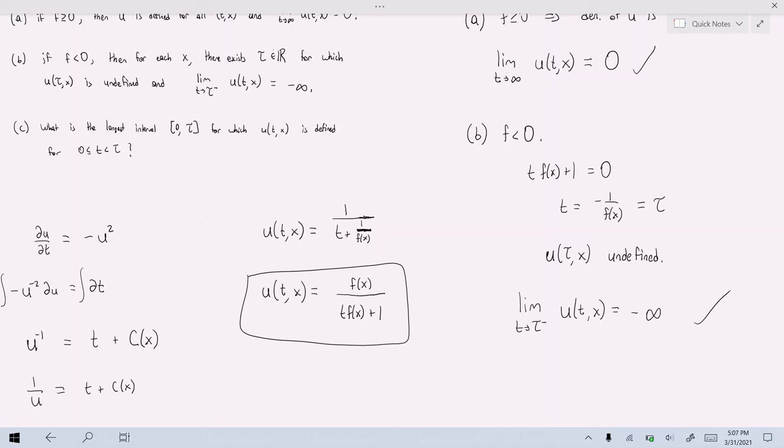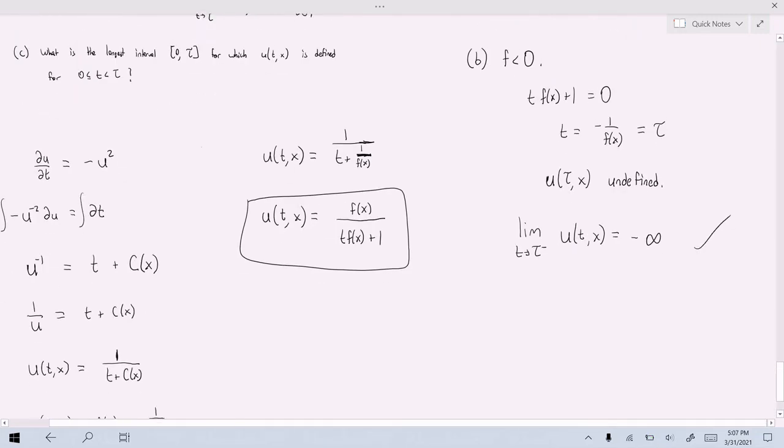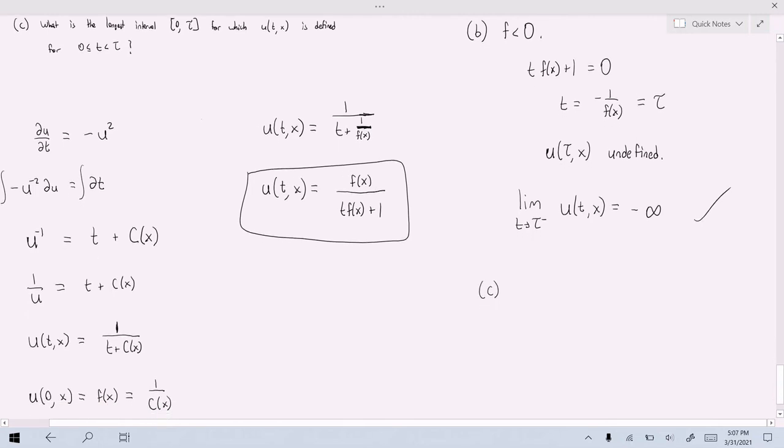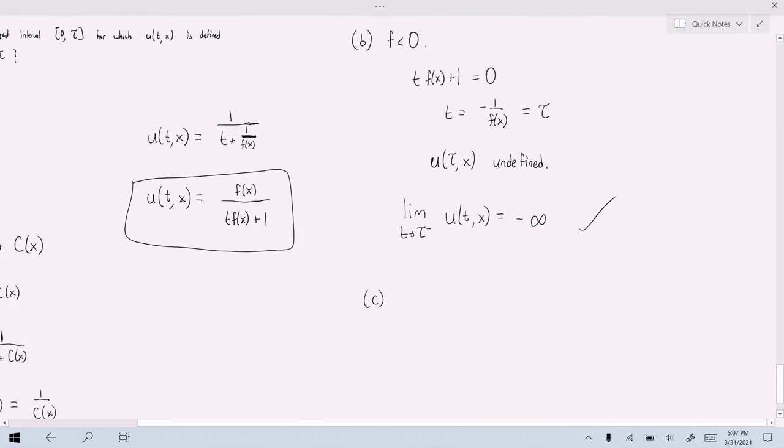All right, and then lastly, regarding part C, so we know that our function has a singularity when t is negative 1 over f of x.